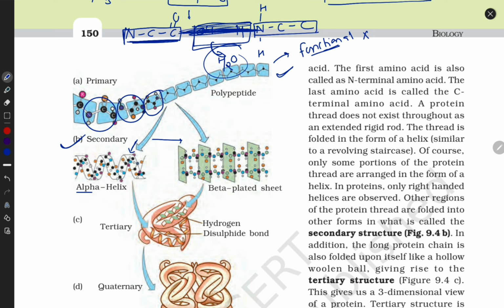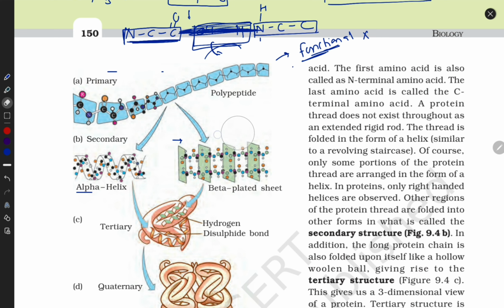This linear structure of protein does not participate in the functioning of the body. What do they do? After the peptide bond, now they form hydrogen bonding.